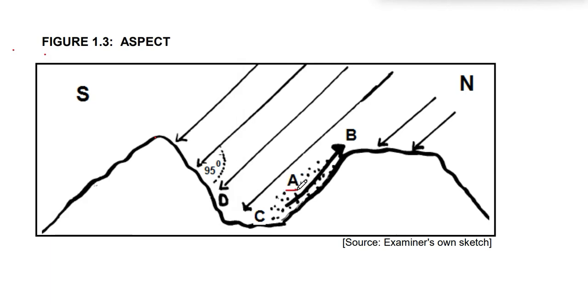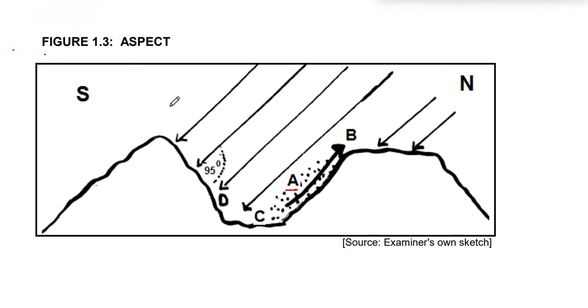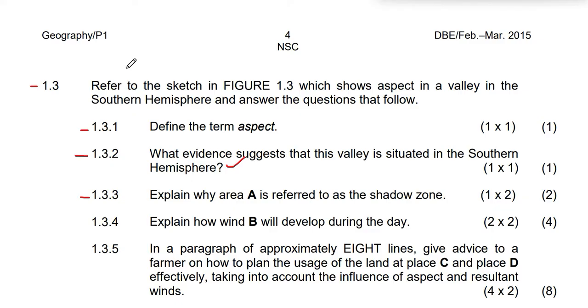This is area A. The reason area A is referred to as a shadow zone is simply because it doesn't receive the sun's rays or sunlight. A shadow zone is one that is moist, not receiving sunlight, and is in shadow because it doesn't receive those sun's rays, because it's facing the opposite direction, which is the south facing slope. This is the southern hemisphere, meaning that south facing slopes are shadow zones in that instance.